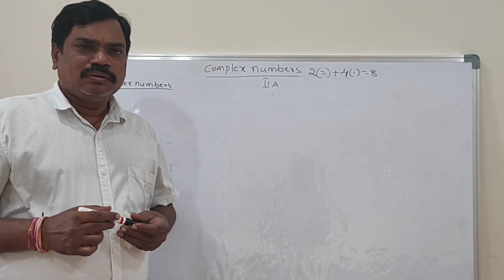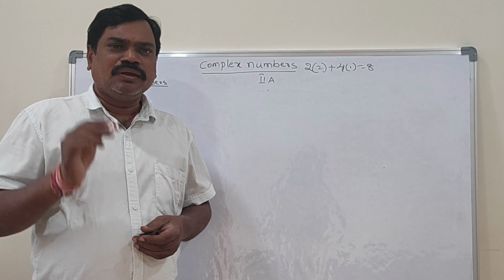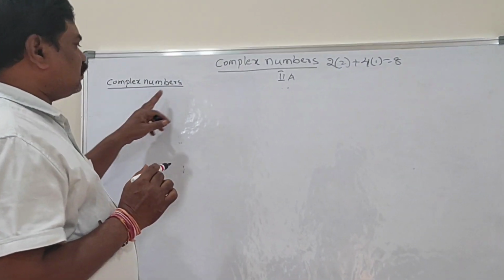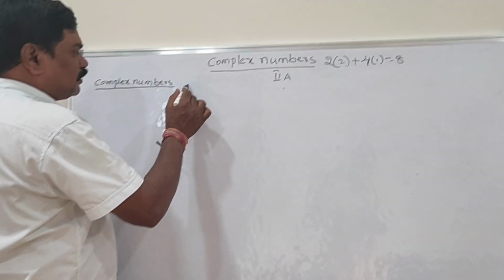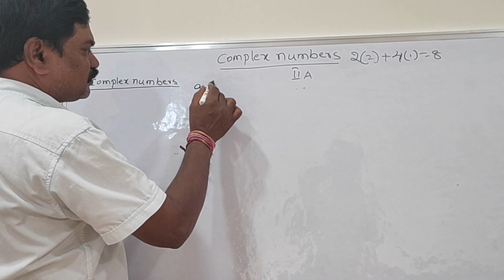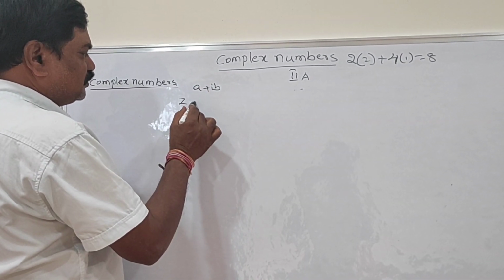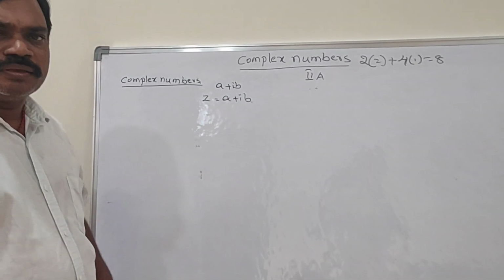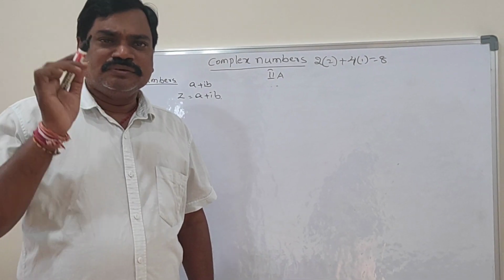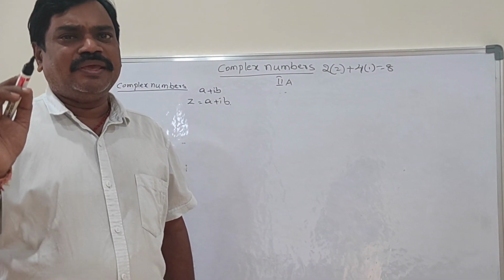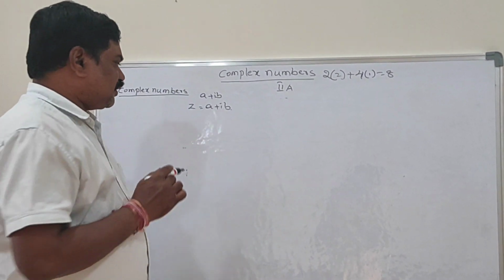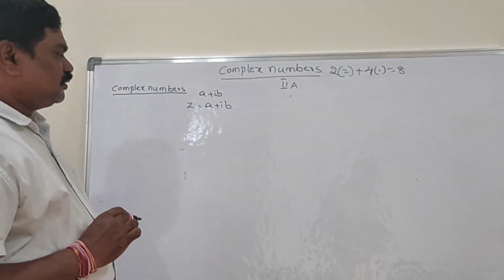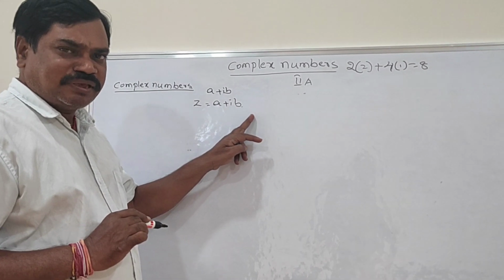Dear students, here you observe the complex number is in the form of a plus ib. Z is equal to a plus ib, where Z is the complex number.